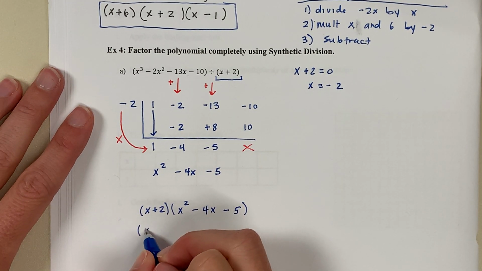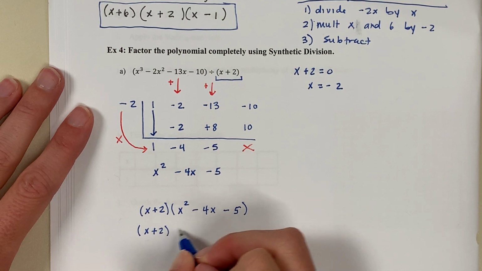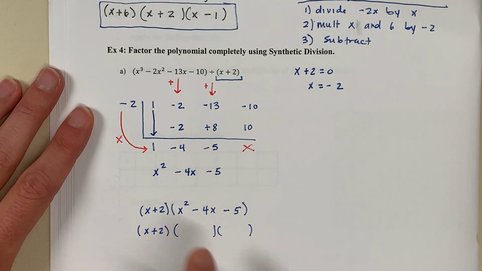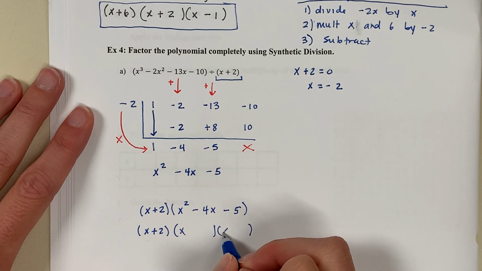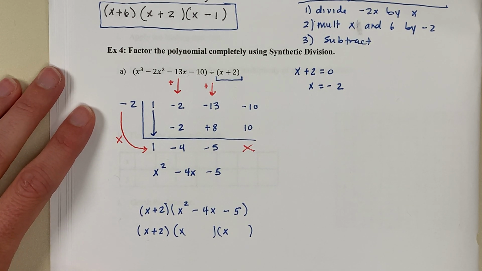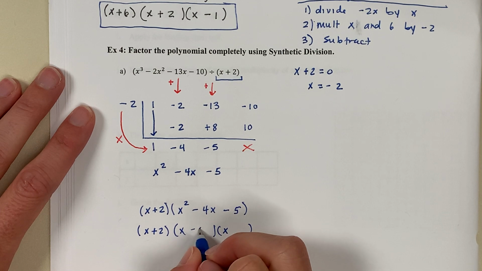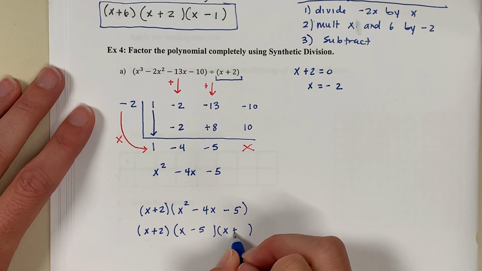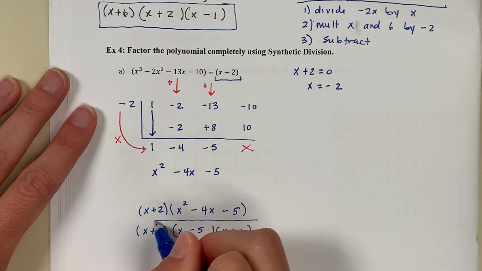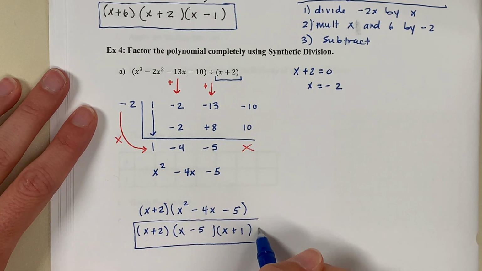So I'm going to keep the x plus 2, and I'm going to open up 2 sets of parentheses. I know that x times x makes x squared. I'm looking for 2 numbers that multiply to make -5 and add up to -4. Those numbers are -5 and +1. And I have factored this polynomial completely using synthetic division.